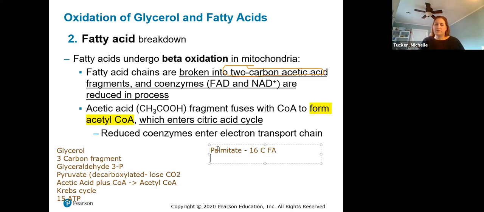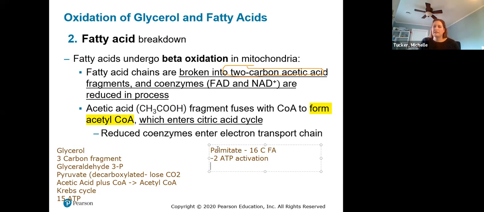Palmitate, you lose 2 ATP to activate it. Not too worried about that. You have to pull it off the glycerol somehow and get it all ready to go through beta oxidation. But then we're going to generate acetyl-CoA.